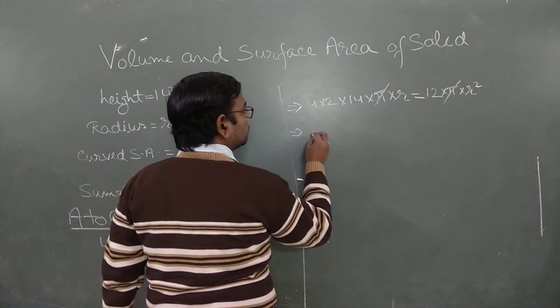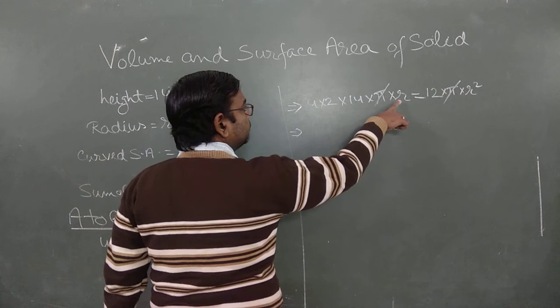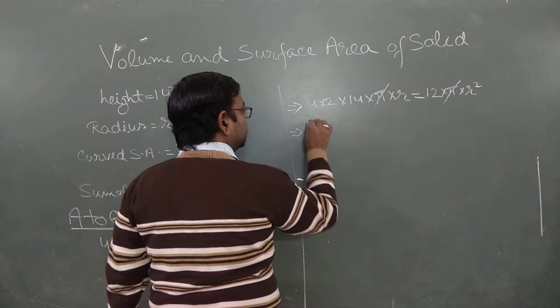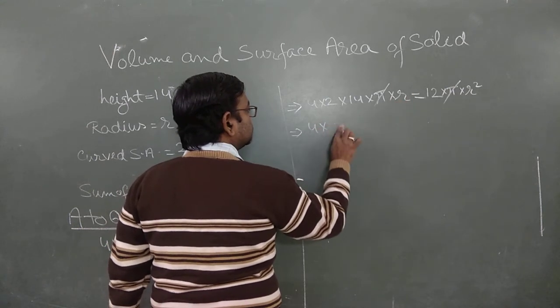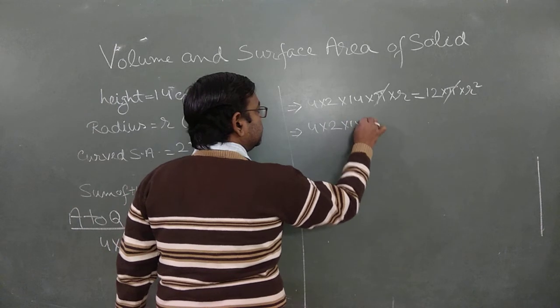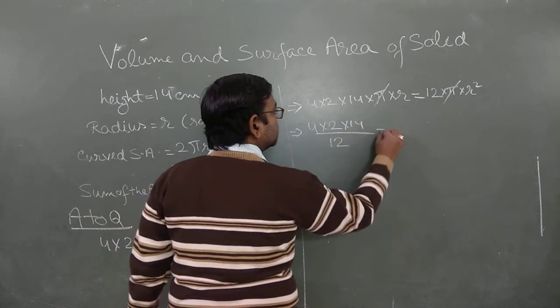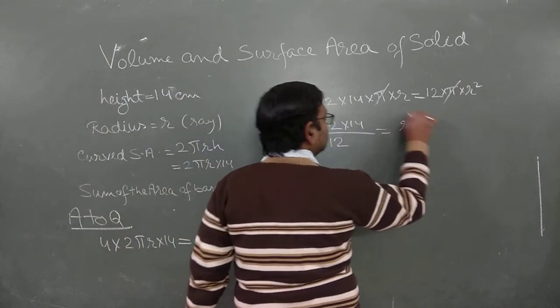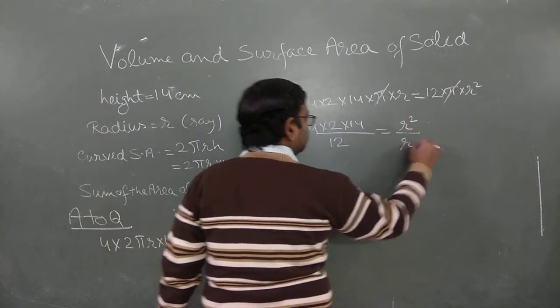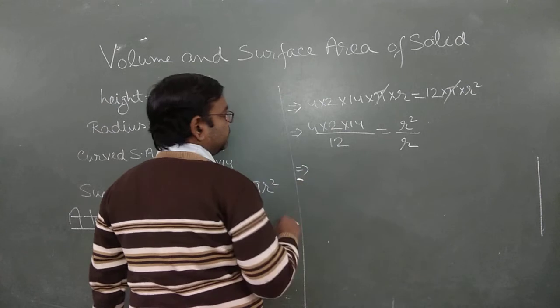So we are going to shift r to that side and the number to this side. So 4 into 2 into 14. This 12 comes to the division part, and here r square, and this r goes to the division part. Clear? Now simplify it.